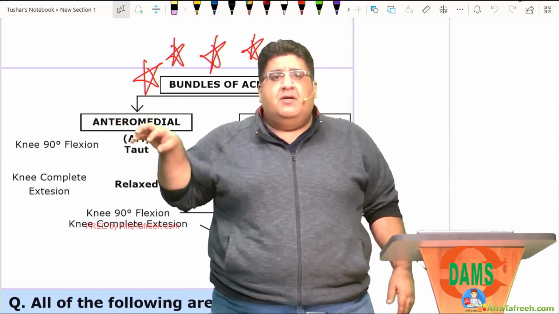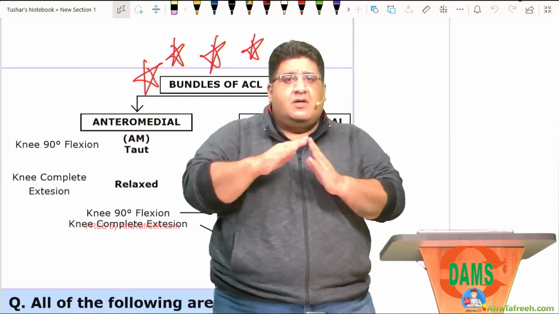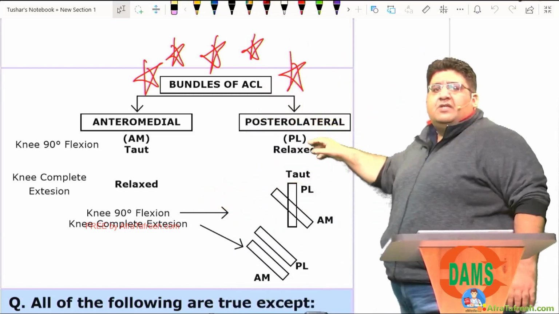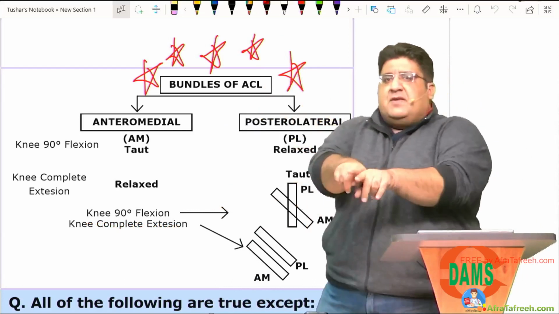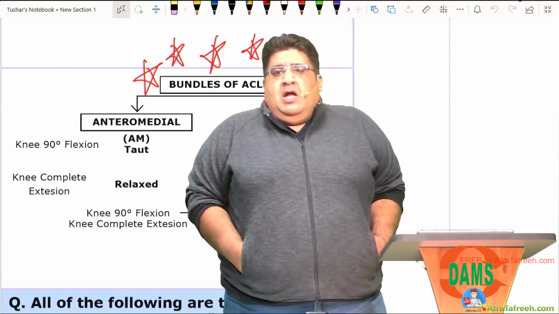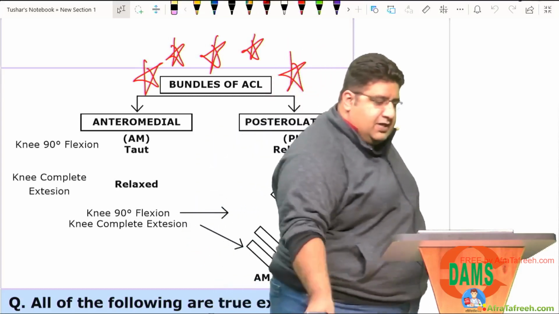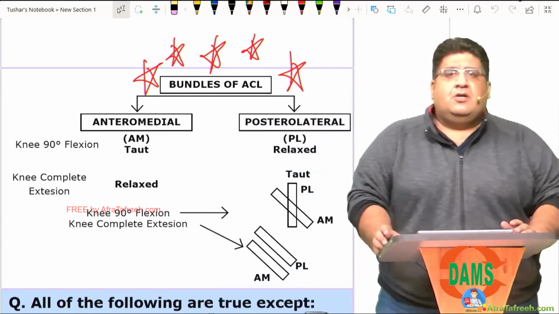AM will be tight, PL will be relaxed. But if your knee is in complete extension, then the PL bundle will be tight, AM will be relaxed, and these two bundles will come parallel to each other. I hope this is clear to all of you. Friends, I hope this is clear to all of you.